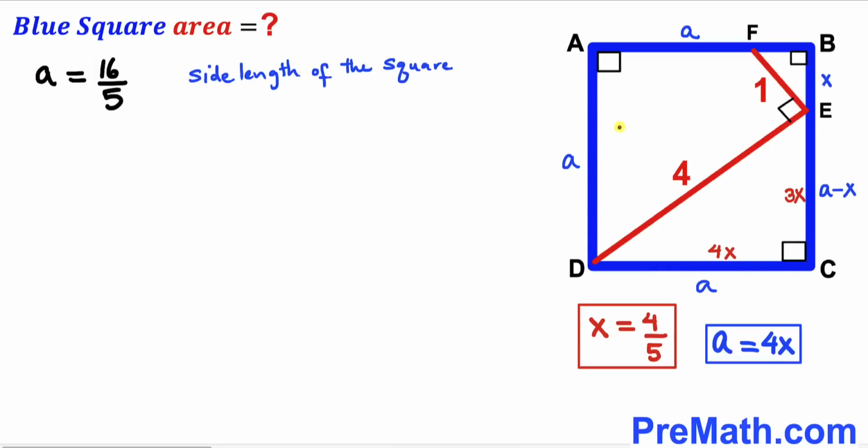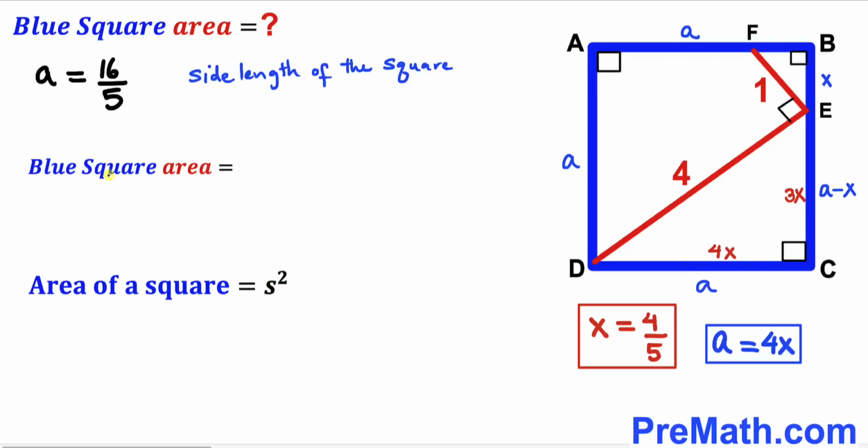And here's our final step. Now we are going to calculate the area of this blue square ABCD. Let's recall the area of a square formula. Area is always equal to s squared, where s represents the side length of the square. So the blue square area is going to be 16 divided by 5 whole squared.